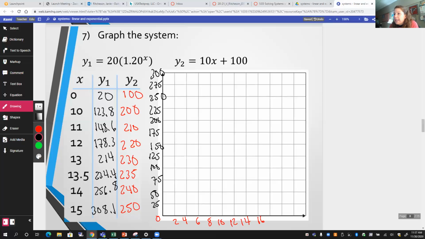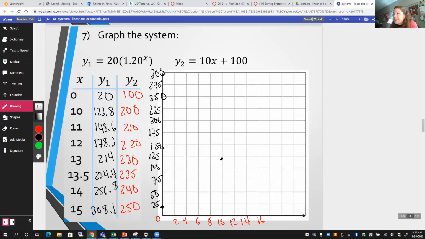So 0, 20. And then, that's why I counted by 2s, because I jumped up here to 10. When x is 10, y is 123.8, and then 12, well, let's just skip 11.